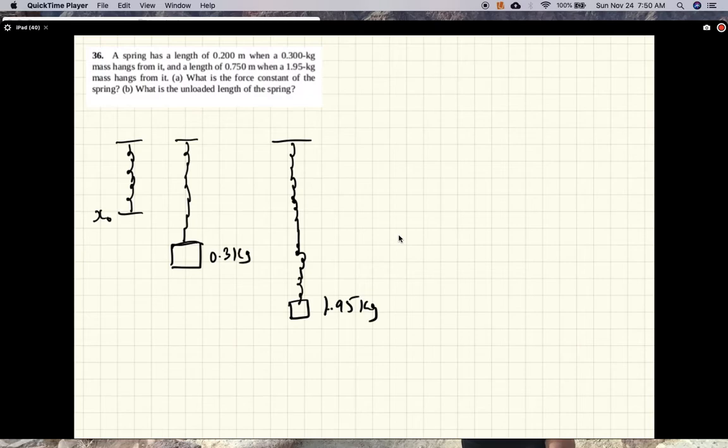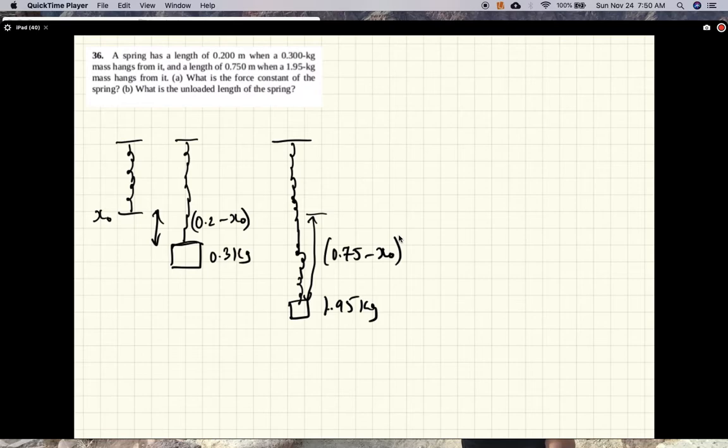Okay, so this stretch is 0.2 meters minus x naught, and this stretch is 0.75 minus x naught.